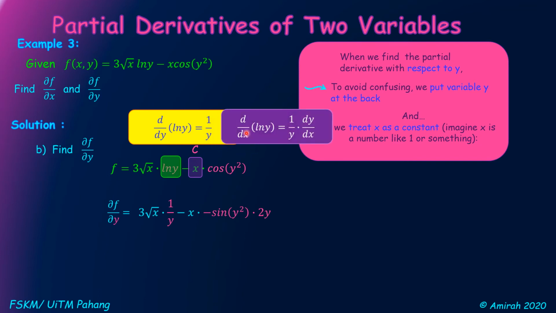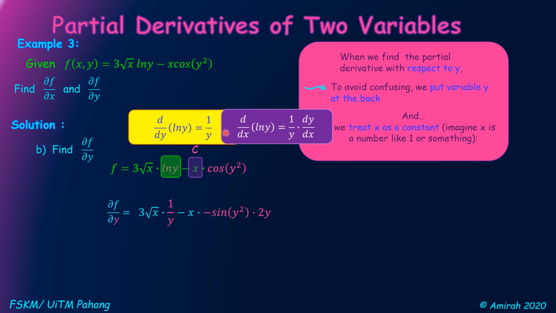We recall that when we differentiate ln y with respect to x, it equals 1 over y, but at the back we must multiply by dy over dx. But now we differentiate with respect to y. At the back, actually, we have dy over dy, but dy over dy equals 1.